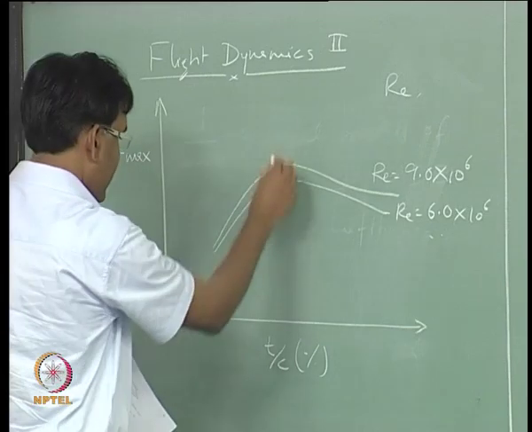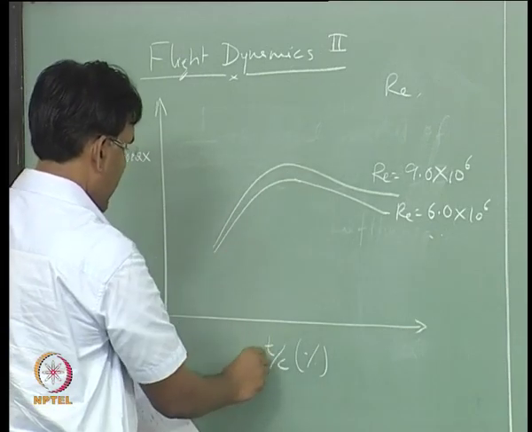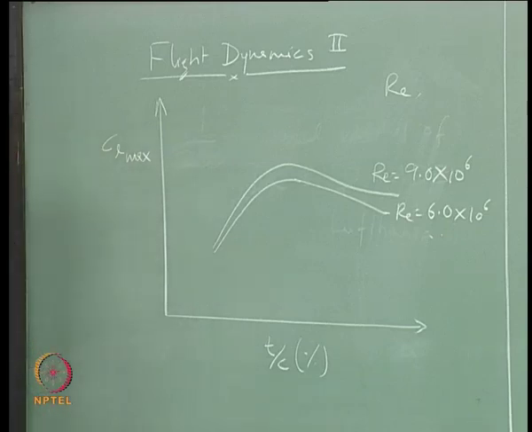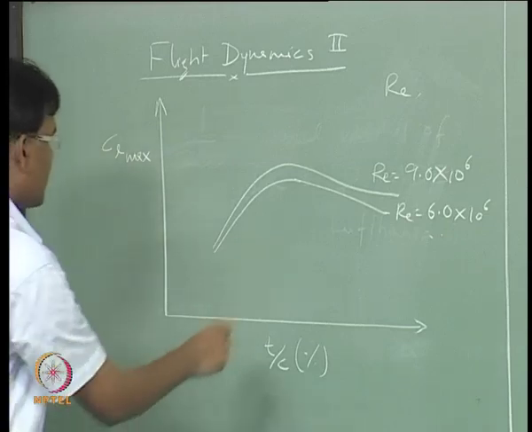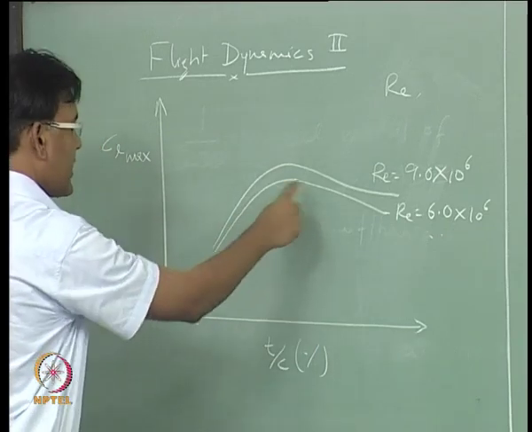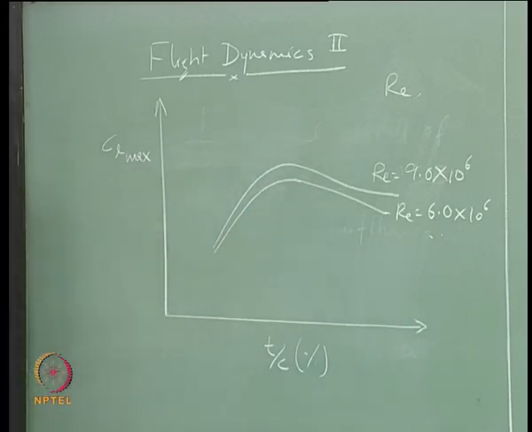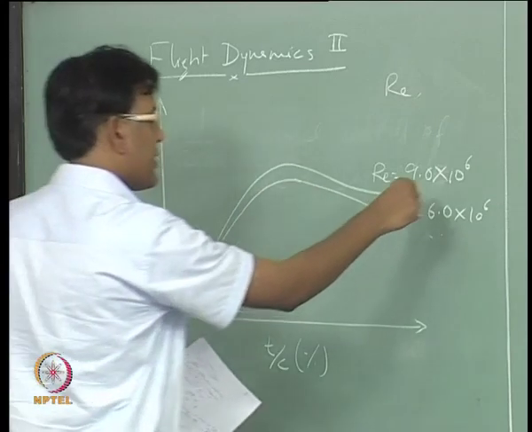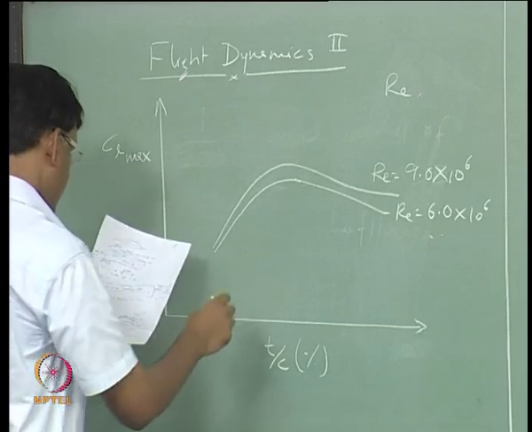So, at different values of this t by c ratio in terms of percentage, you see a fall in CL max with respect to the speed that you are flying at.